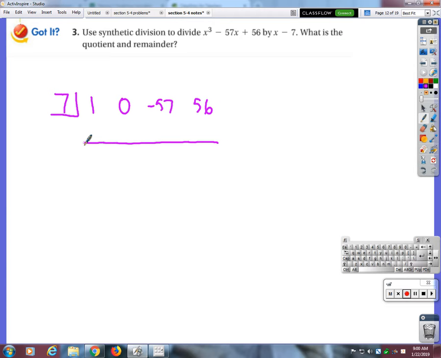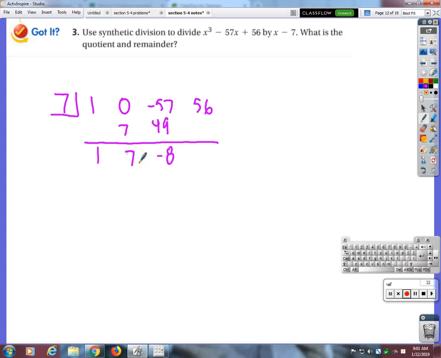Okay. What do I do to start? Bring down the 1, and then I multiply and add and multiply and add and multiply and add until I'm done with the whole thing. So 7 times 1 is 7. 0 and 7 make 7. 7 times 7 is 49. Negative 57 and 49 make negative 8.